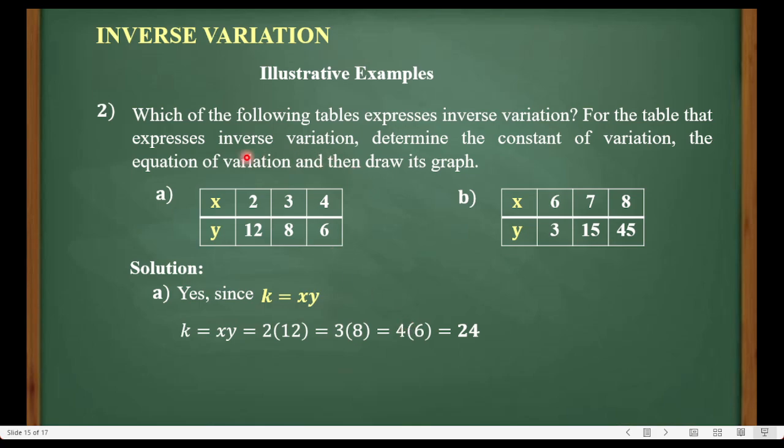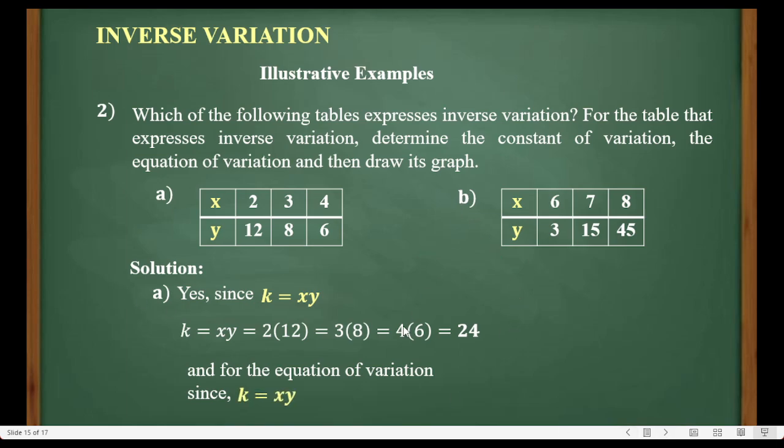So this table of values expresses inverse variation. Now, what about letter B? Does the table of values in letter B also express inverse variation?